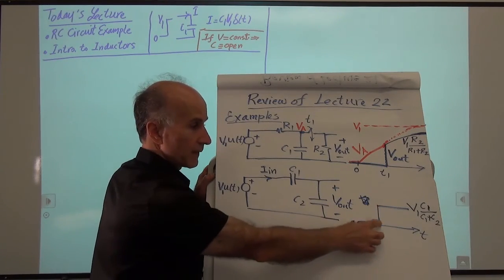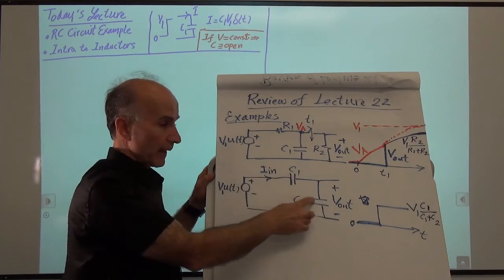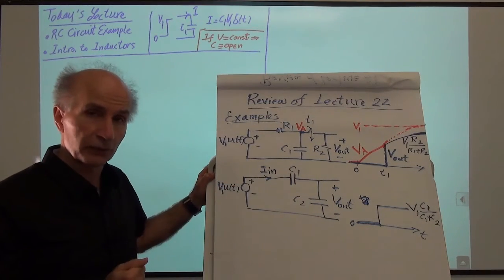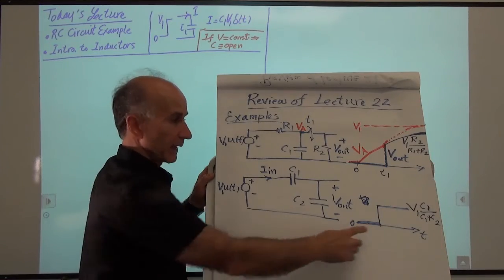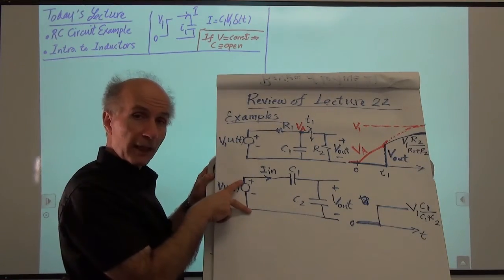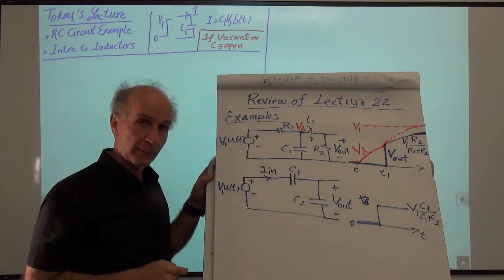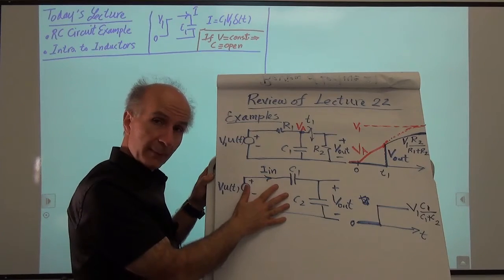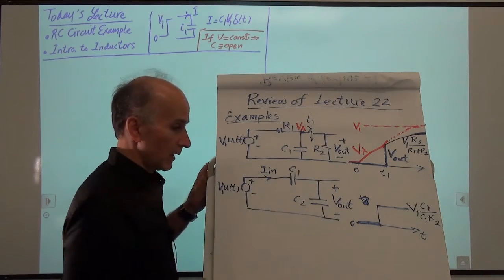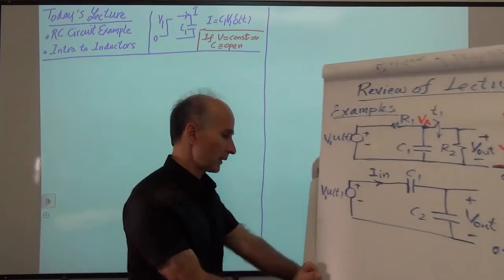So V out jumps in zero time, but not as much as the input, because these two capacitors act as a voltage divider. So we see that the output voltage is given by the input step height times this attenuation factor. So today we'll start with this example and add a resistor here and see that things become much more interesting. So let's go ahead and do that.